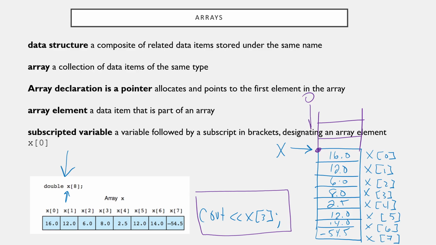This is 0 and this is some address where this array is located, and then it's going to go size of a double, size of a double, size of a double until it gets to X at index 3.